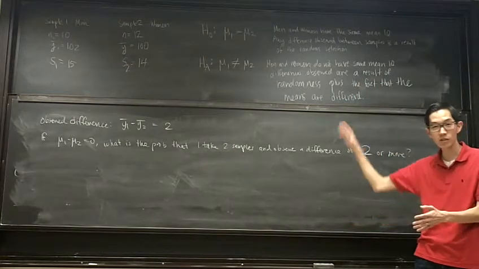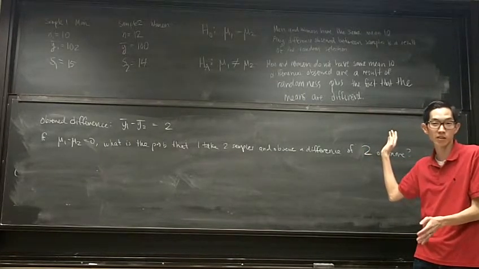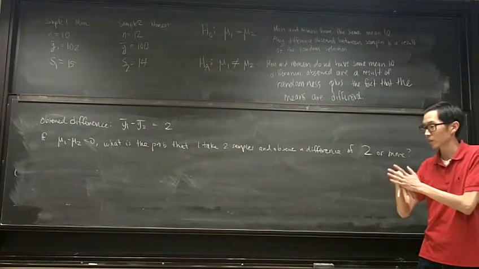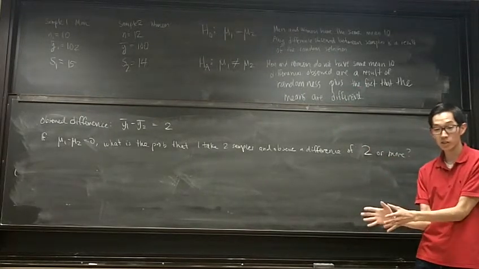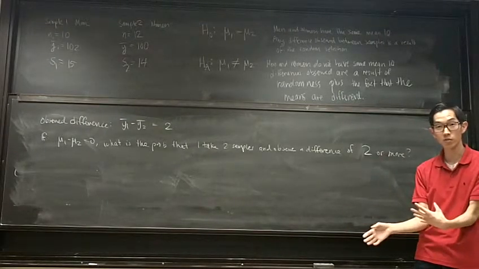That's what it's saying. It doesn't say what the difference actually is. It's just saying that if there were no difference, there's only a 1% chance that I would get a difference of 2.